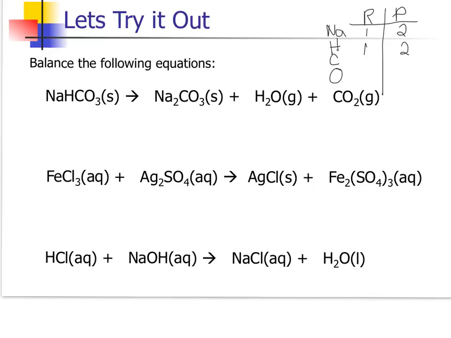I have 1 carbon, but on the other side my carbons are split up, so I have to be very careful about looking at them, but I have 2. My oxygen, I have 3 on the reactant side, but even though they are spread out, I have a total of 6 on the product side.